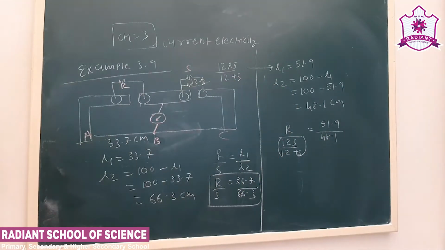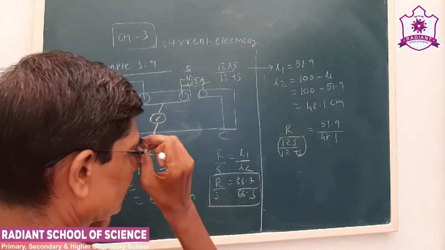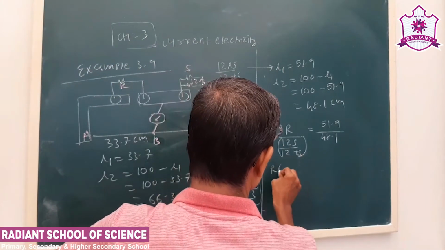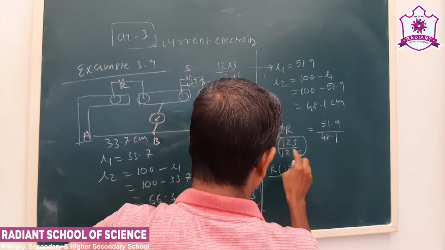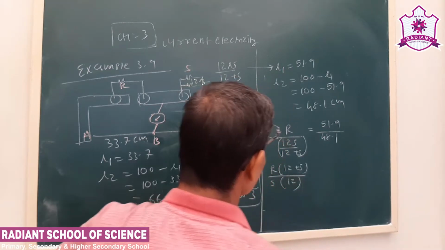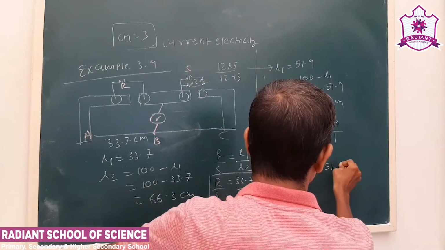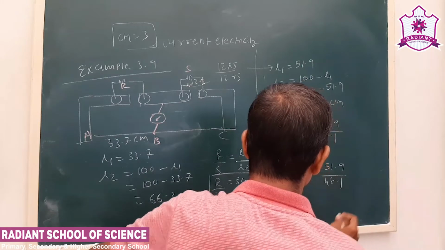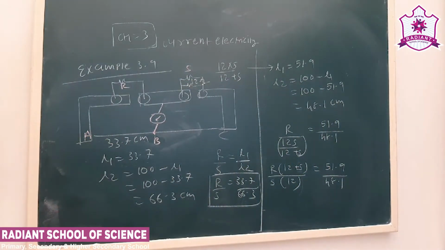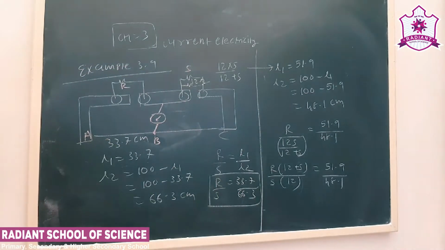Now if we solve this, R into 12 plus S upon 12 into S, I can write like this. This will move to the numerator, 12S. Now what is the value of R upon S?